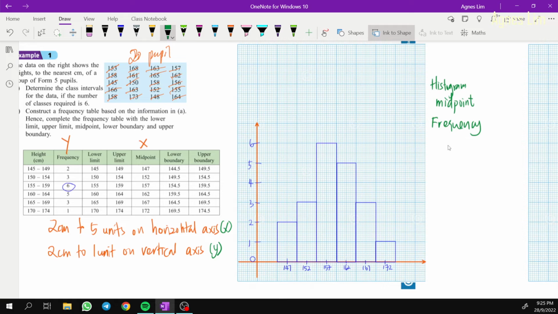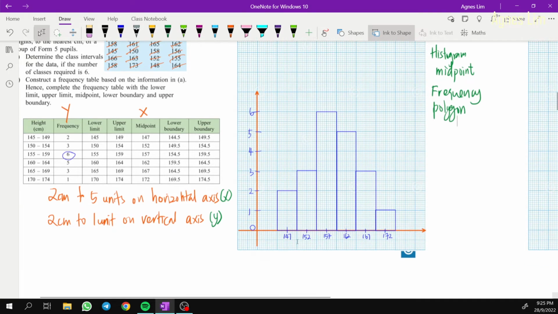Okay, on the same piece of graph, frequency polygon. So if the question says draw the histogram and frequency polygon on the same graph, it is recommended that you use midpoint for your histogram. Then you can continue with the frequency polygon.